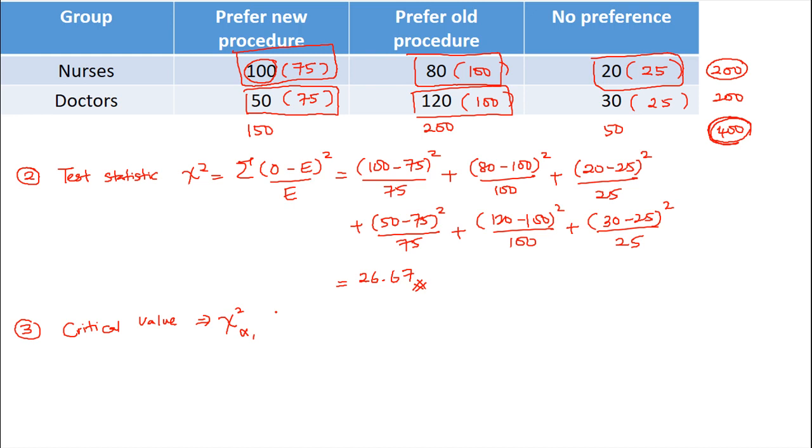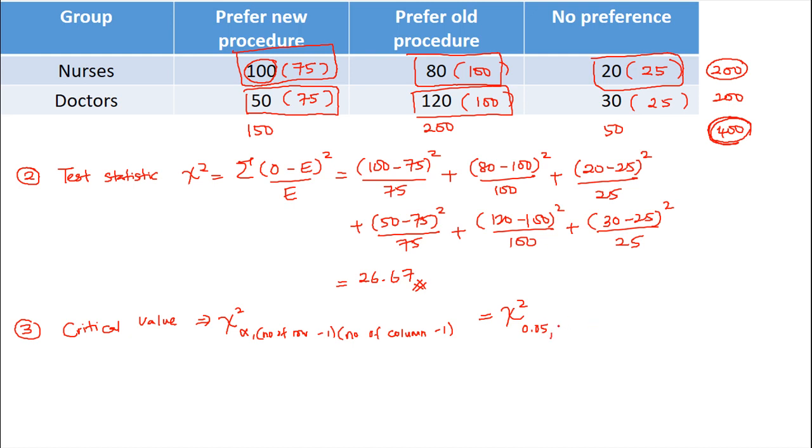If we have the data in the contingency table, the degree of freedom is the number of rows minus 1 multiplied by the number of columns minus 1. So this is equal to chi-square alpha, now alpha is 0.05.